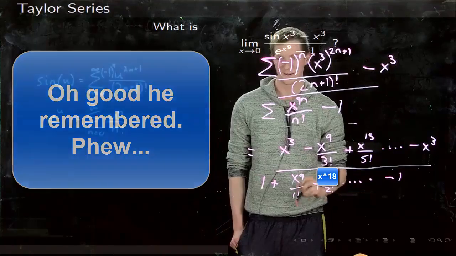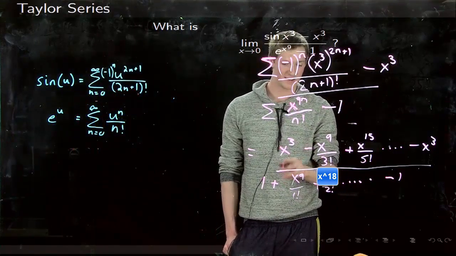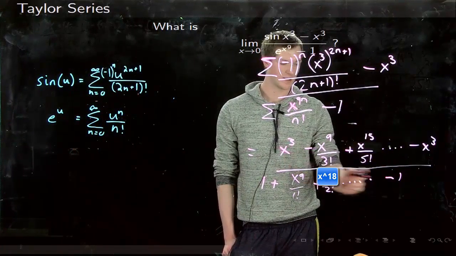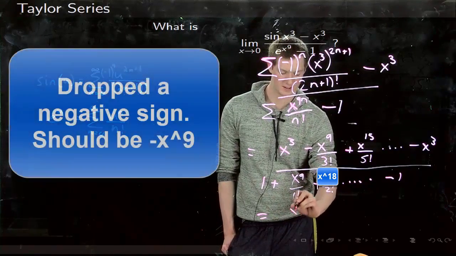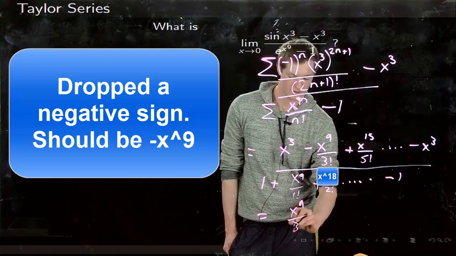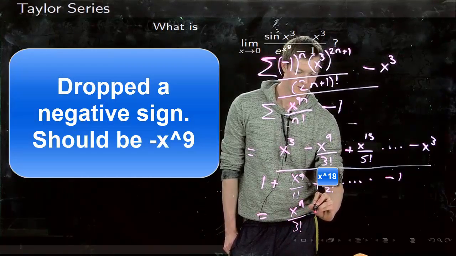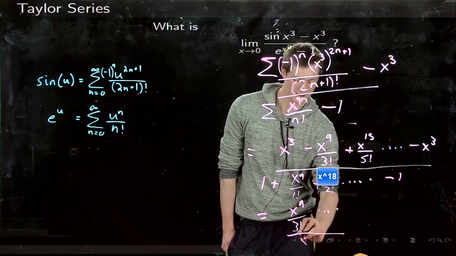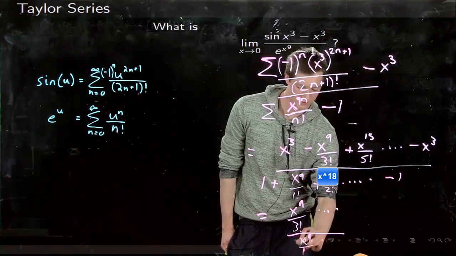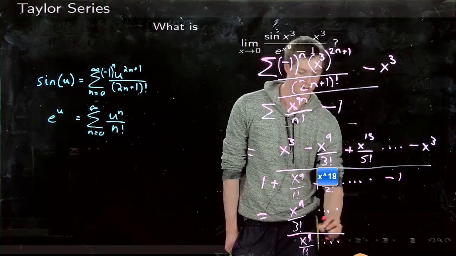So then we can cancel the x cubed here and the 1 here, just to get x to the 9 over 3 factorial over x to the 9 over 1 factorial, and so on.